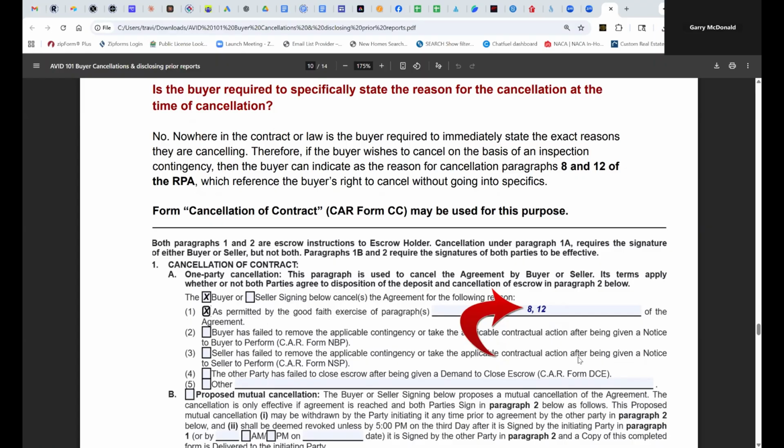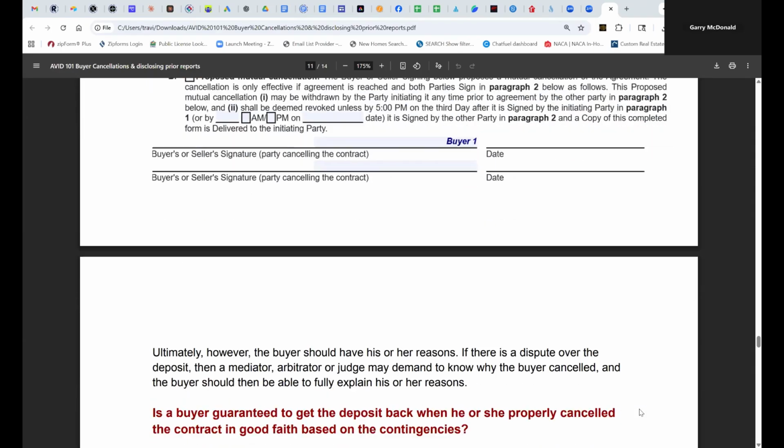So nowhere in the contract or law is the buyer required to immediately state the exact reasons they are canceling. Therefore, if the buyer wishes to cancel on the basis of an inspection contingency, then the buyer can indicate as a reason for canceling paragraphs 8 and 12 of the RPA, which reference a buyer's right to cancel without going into specifics.